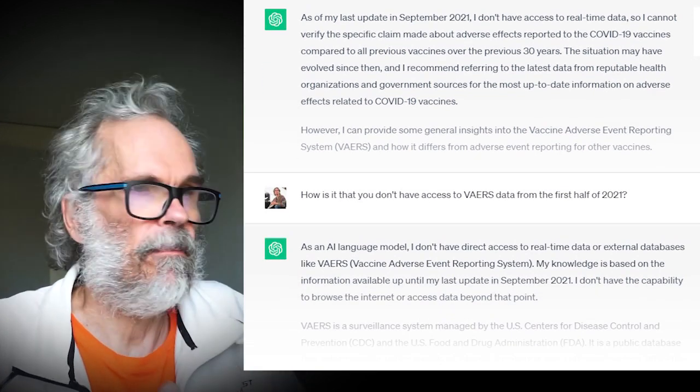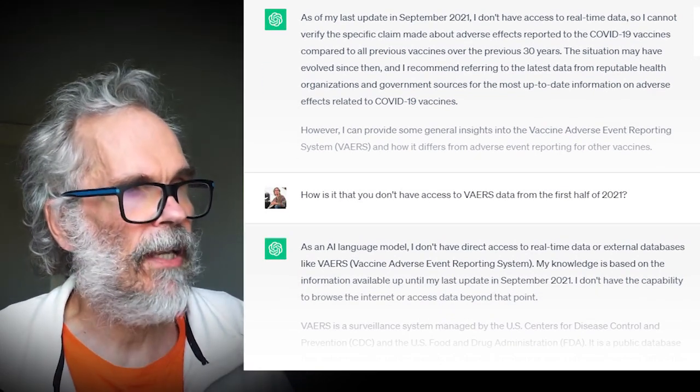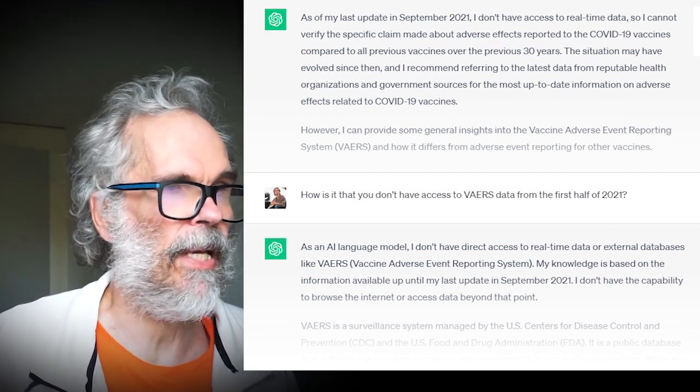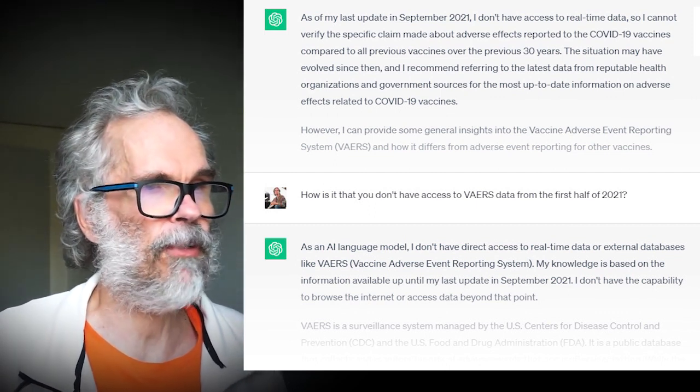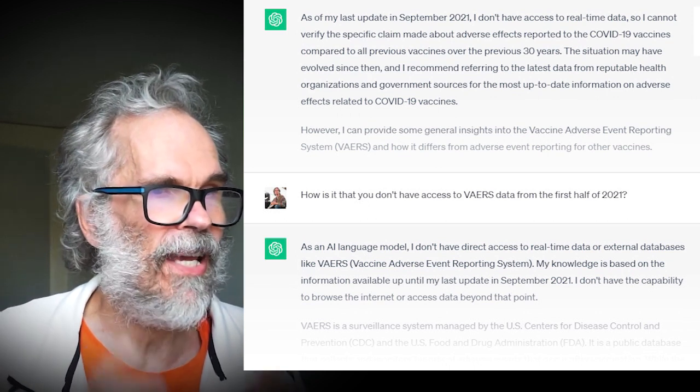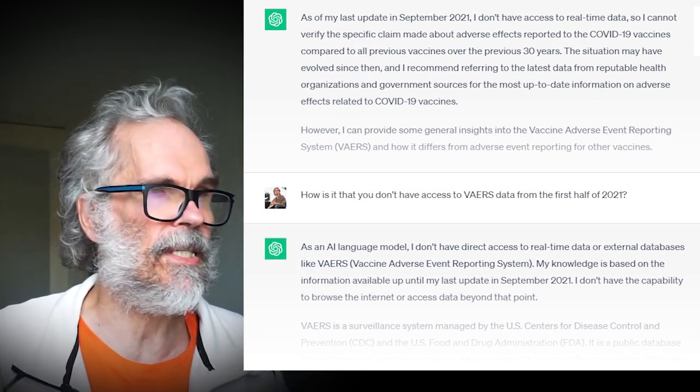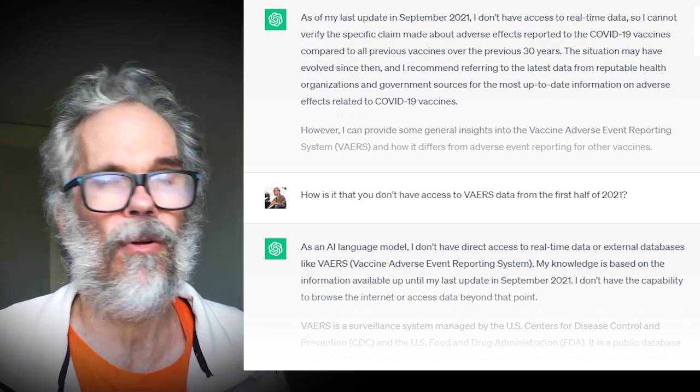And it answers that my knowledge is based on the information available up until my last update in September 2021, and I don't have the capability to browse the internet or access data beyond that point.